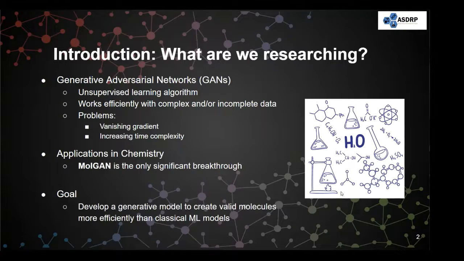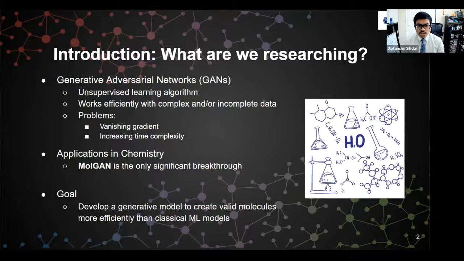One question before you go on: can you explain the vanishing gradient problem in a little more detail? I think we understand increasing time complexity, but that's the one thing on this slide that hasn't been described. Sure. Vanishing gradient is essentially when we're talking about optimizing your function. You have to calculate the mathematical gradient.